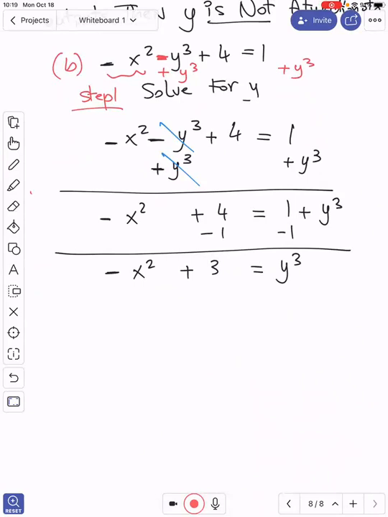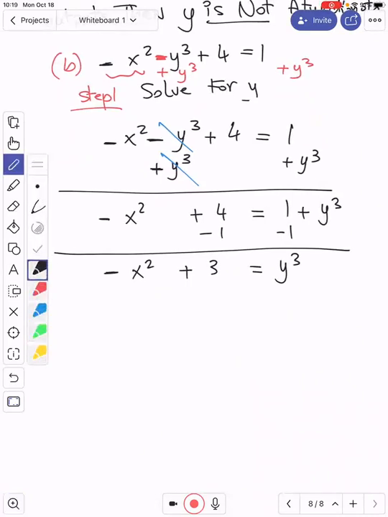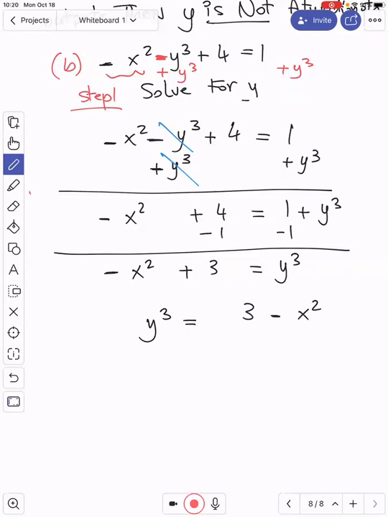So your y cubed is, as I said, 3 minus x squared, or minus x squared plus 3. And as I said, you need to get rid of the cube, so you apply the third root to both sides.